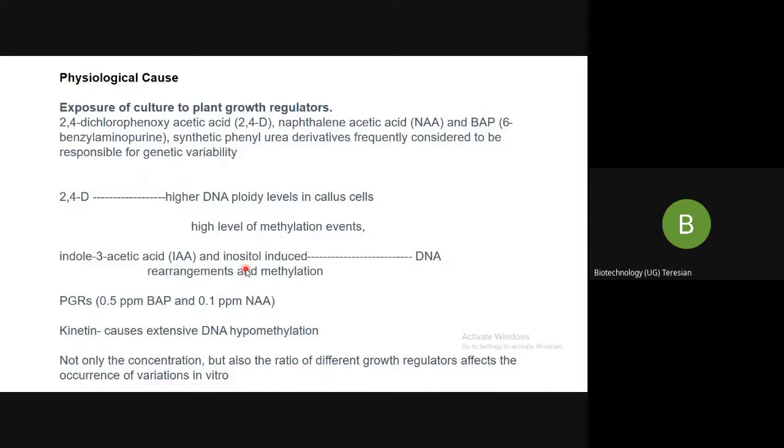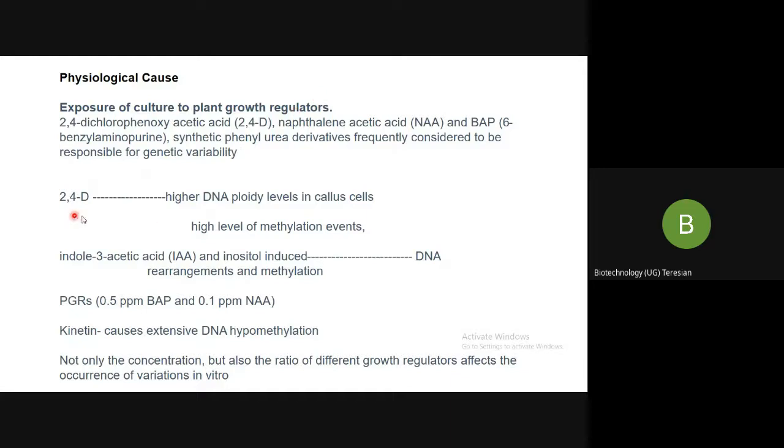So when we look into these physiological causes, we talked about exposure of the cultured plant to growth regulators. We have 2,4-D, 2,4-dichlorophenoxyacetic acid, naphthalene acetic acid, 6-benzylaminopurine, a synthetic phenylurea derivative, frequently considered responsible for genetic variability. All these are responsible for causing genetic variability.